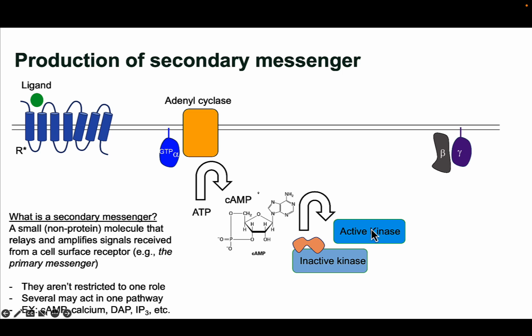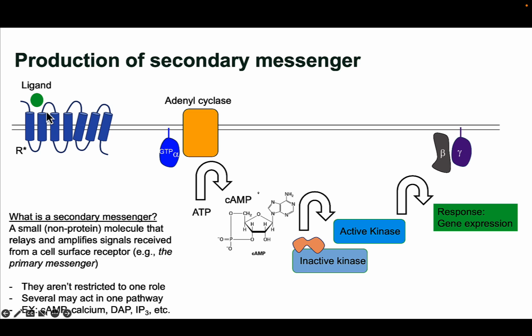Once this kinase is active, it's able to move into the nucleus, because a nuclear localization signal was exposed. It goes into the nucleus and phosphorylates transcription factors. And then those transcription factors, once they're phosphorylated, can turn on different gene expression.